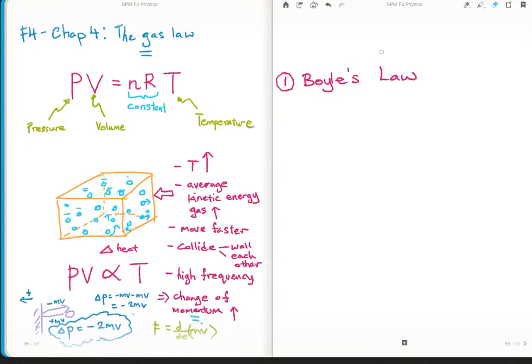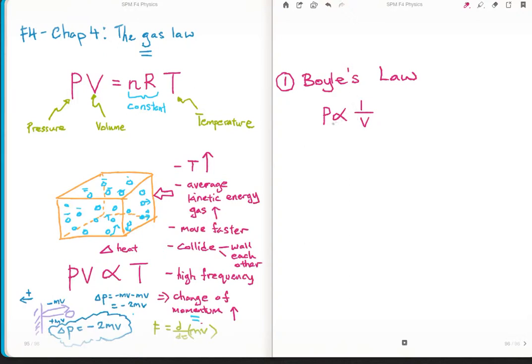The Boyle's law, guess its name, first interacts with P and V. So P and V, you get a constant. P and V is a constant. So therefore, P is proportional to 1 over V, because when you are directly proportional with a constant K, right?